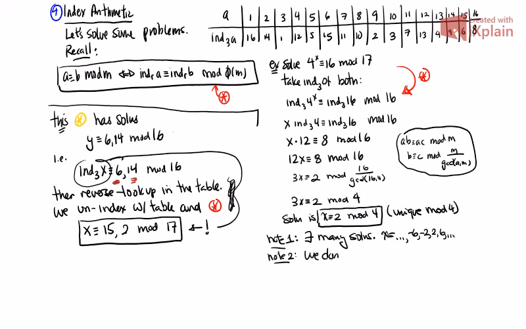So here we don't need to unindex because the x is not inside an index. It's free and clear. In other words, we have x is congruent to 2 mod 4. There's nothing that needs to be done to get a hold of x. We're already there, and that's the end of the problem. That's the end of the section.